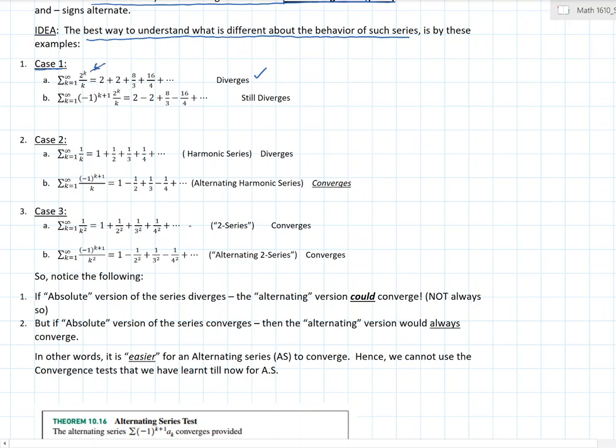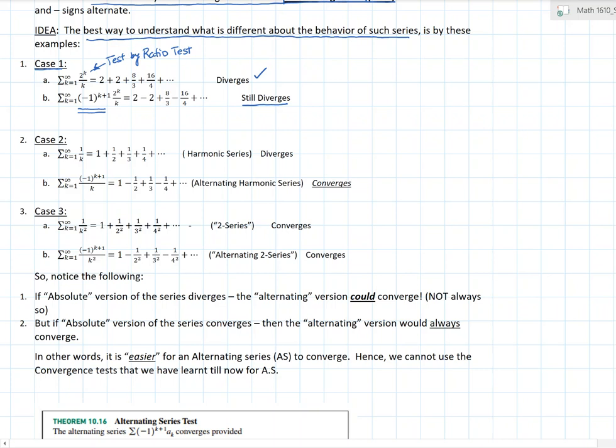Actually, you can look back, you can test it by ratio test. So you will see that it diverges. Now, if I take the alternating version of it, in other words, I make the signs alternate, which means one term subtracts, then add, then subtract, and so on, then we can show, you will see how very soon, that this series still diverges.